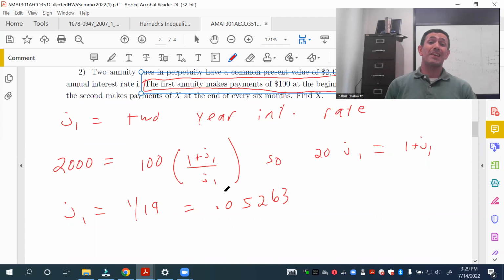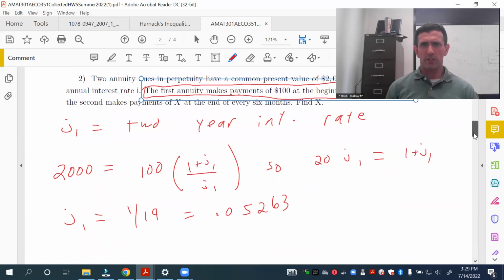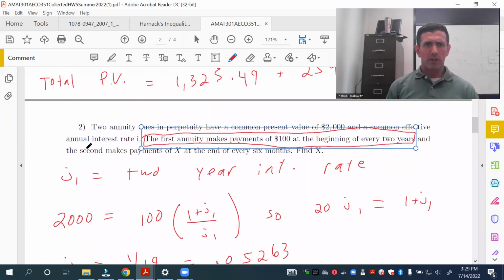They did the annuity immediate formula. Not a huge deal. What a lot of people did was they compounded this 4 times. If you do that, add 1 and raise it to the 4th, you're going to get the 8-year growth factor. I want the 6-month growth factor and 6-month interest rate. The second makes payments of X. Let me get rid of this.